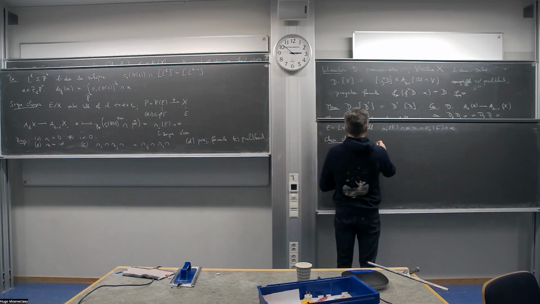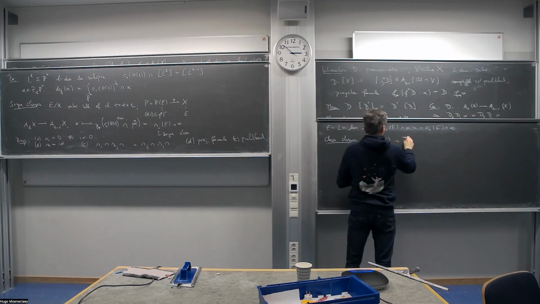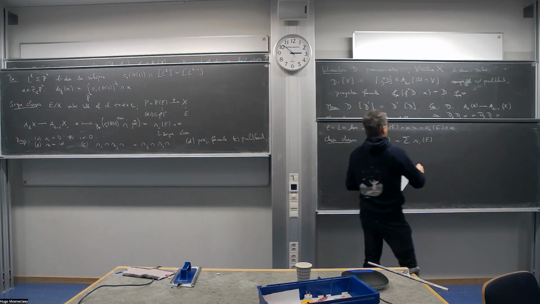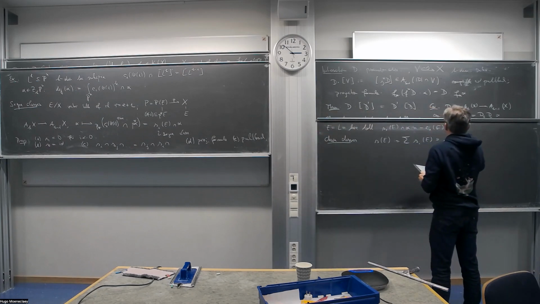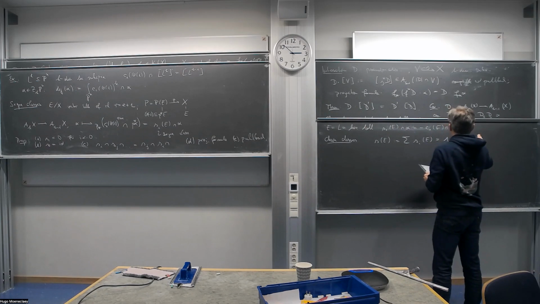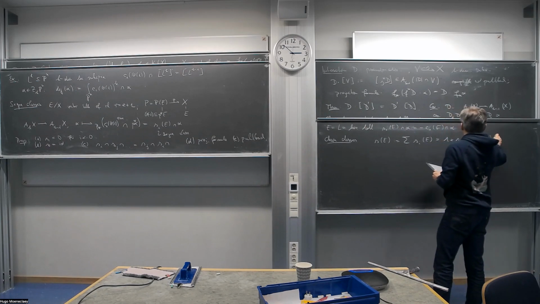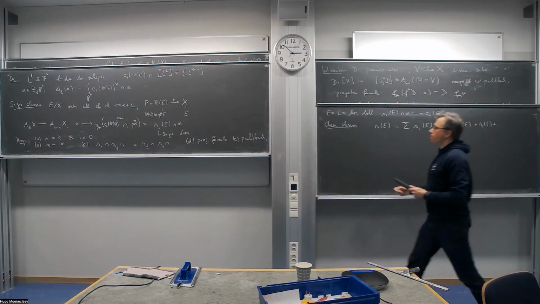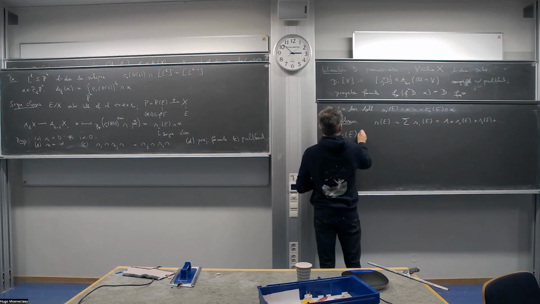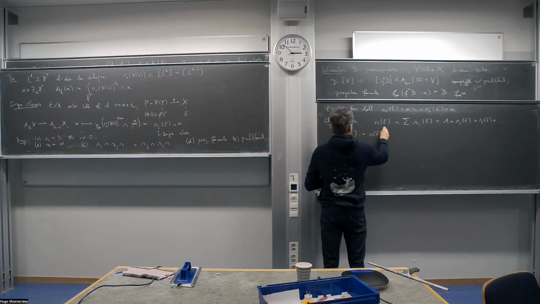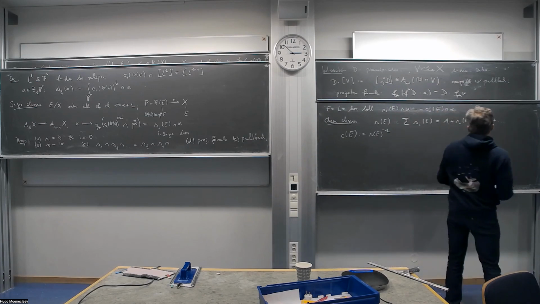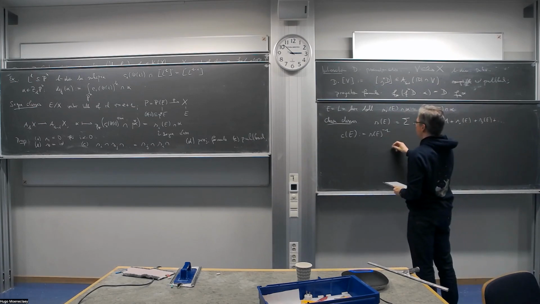Namely, what we do is we define the total Segre class, which is just the sum over the s_i. So it starts with 1 plus s_1(E) plus s_2(E), and so on, because the first one is the identity. And now I take the formal inverse as a power series. These terms are getting smaller and smaller in the topology in which I invert this.